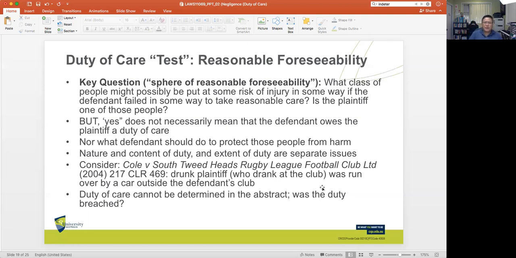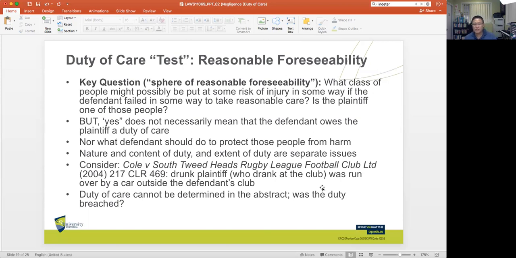Again, that is because even though there is a duty of care, even if that is acknowledged and recognized, the nature and the content of the duty and the extent of the duty, these are separate issues. The issue of standard of care, these are separate issues. Yes, there is a duty of care, but the question is, what exactly is the nature of the duty of care? What exactly is the duty of care, and what is the extent of the duty of care?